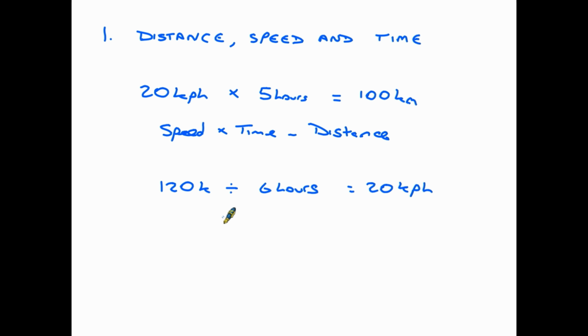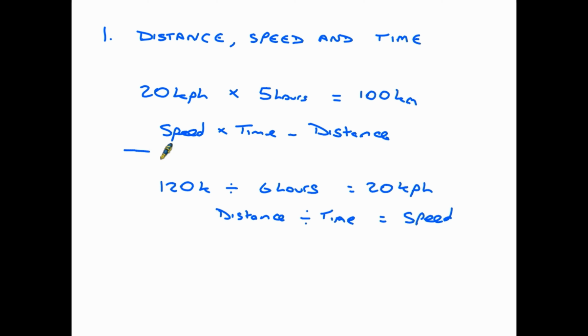So in this example we have the distance and we are dividing by the time, and that gives us the speed. It's the same thing, only the other way around. Speed times time is distance. Distance divided by time is speed.